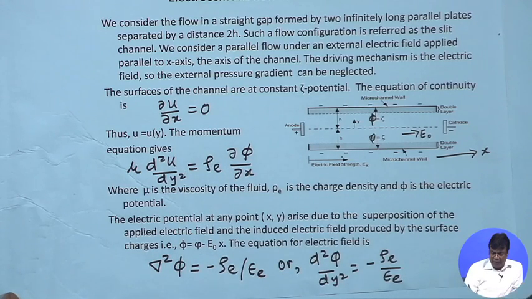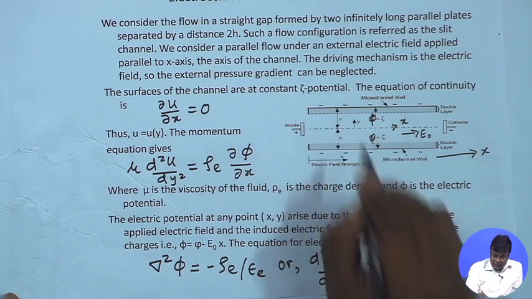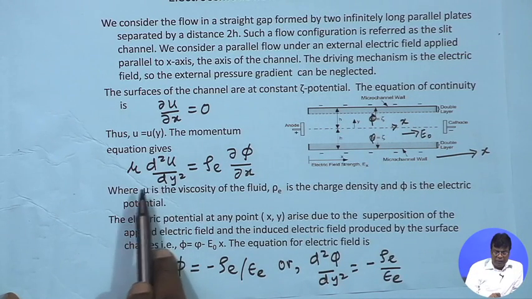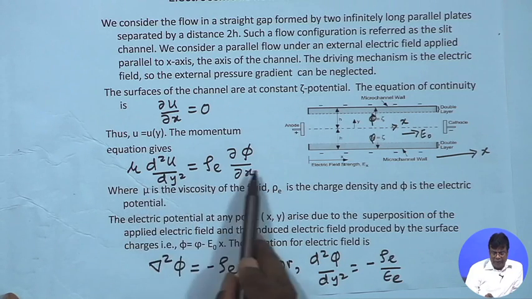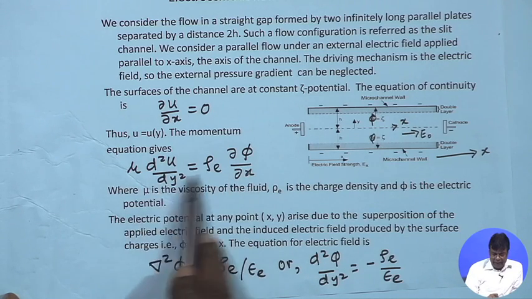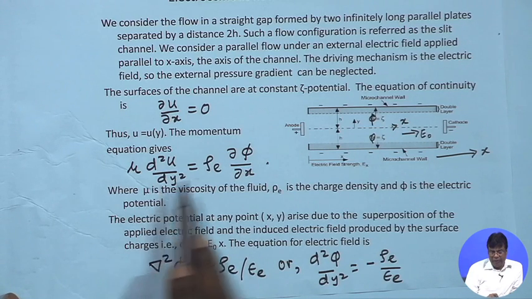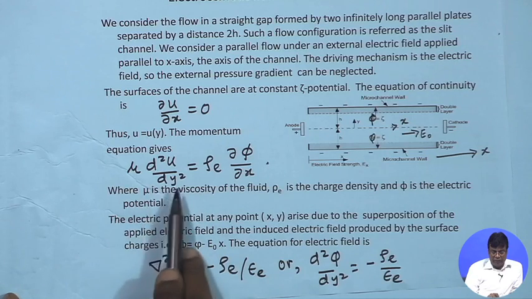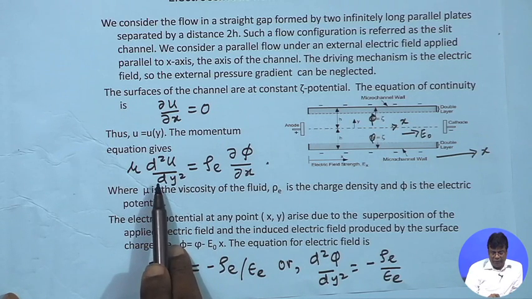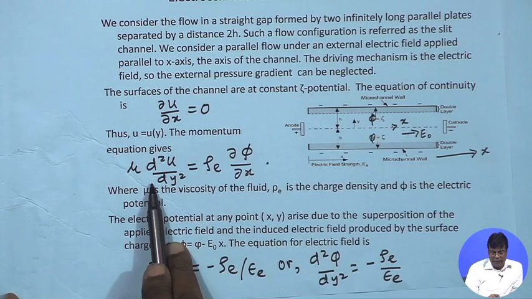We are considering this as x and this as the y direction. So, the momentum equation along the x direction is covered by this equation. This is basically the viscous diffusion balanced by the electric body force. So, this represents a balance of the electric body force term with the viscous diffusion.